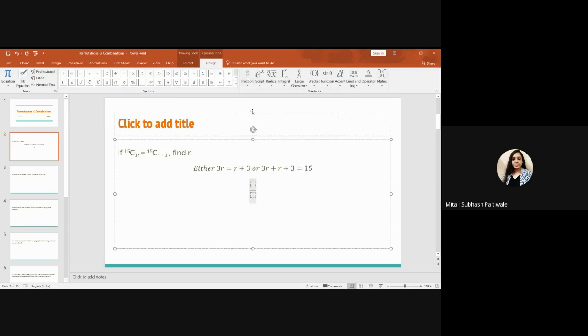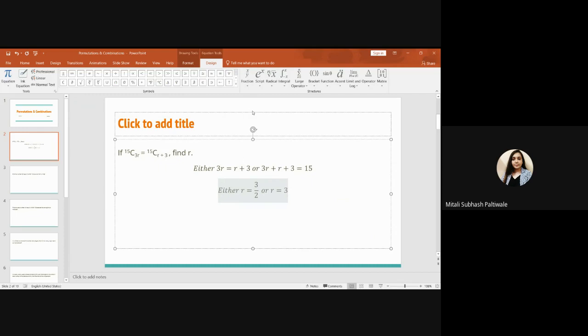Now, either r would be equal to 3 by 2, or r is equal to 3. These are the possibilities. Always remember, r cannot be a fraction.